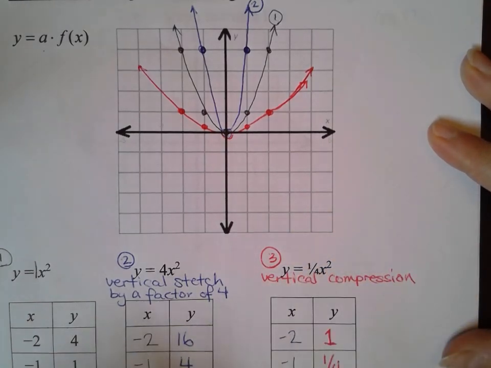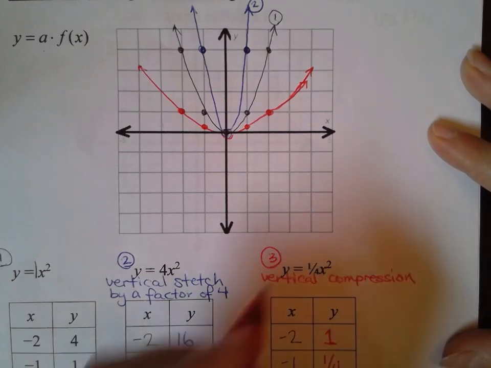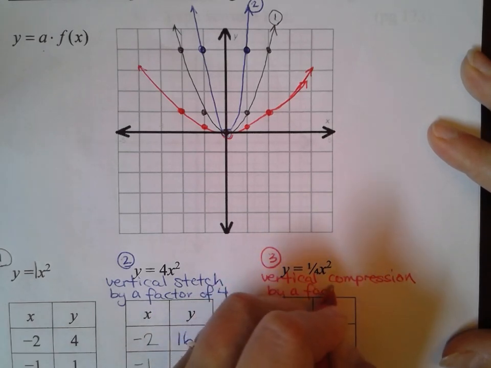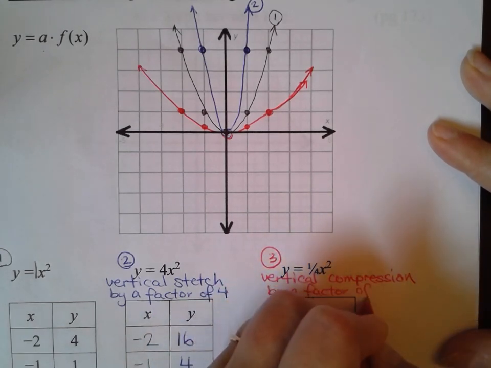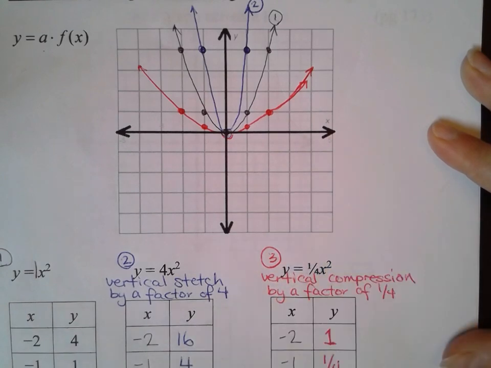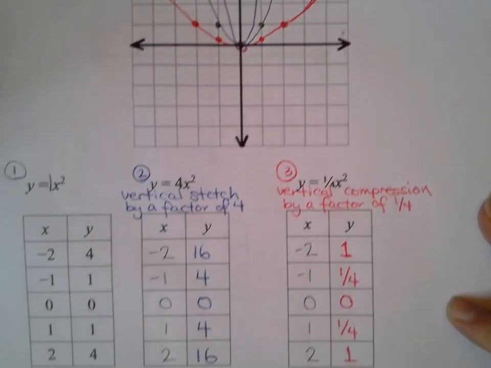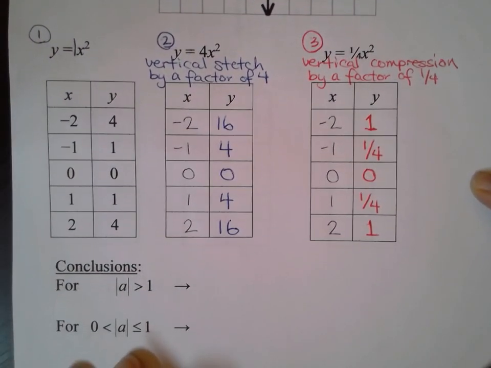So this one is vertically compressed by a factor of 1/4. Okay, so to make maybe a more general statement, I'll do that at the bottom here.